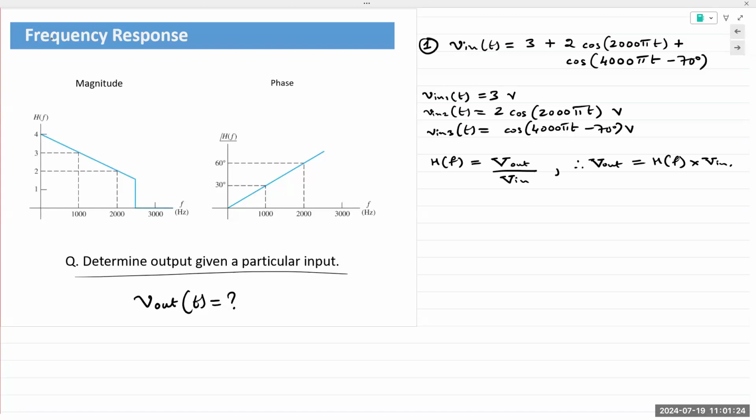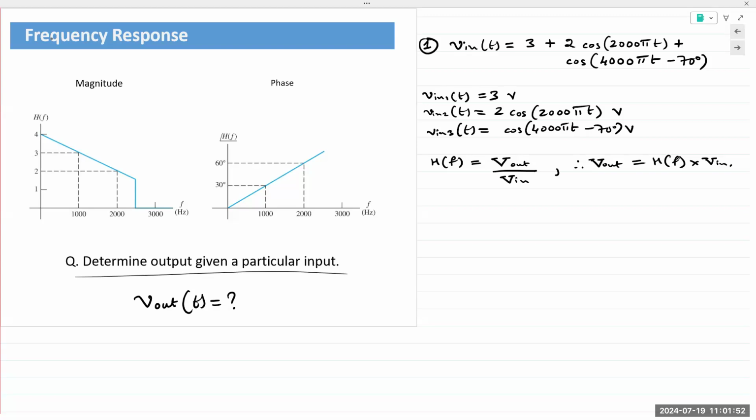H of F is the ratio of the voltages, output to input. So if we know the input, we can predict what our output is going to be. Does that make sense? Sorry, not if we know the input. If we know the transfer function, meaning if we know what that circuit does, we can predict what the output would be no matter what the input is.